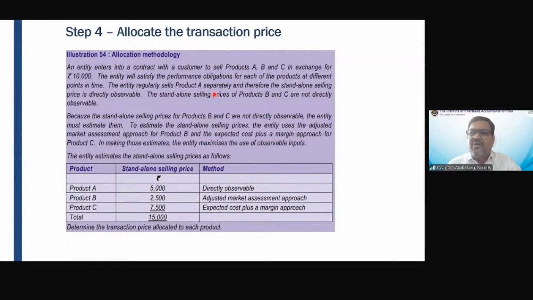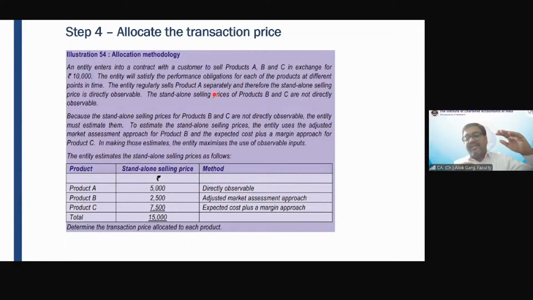And the normal business margin, the normal profit margin, which the entity expects on the sale of goods and services is 50%. So in that case, the trigger should come into your mind that cost is given for this product and the margin is also given. It means I can apply the cost plus margin approach for estimating the standalone selling price of product C.